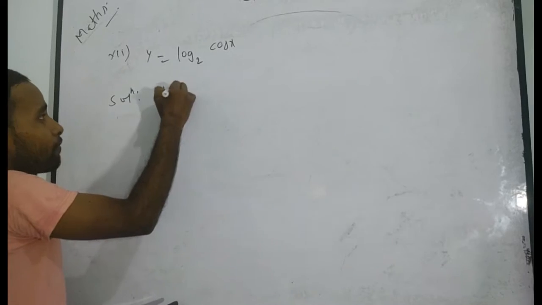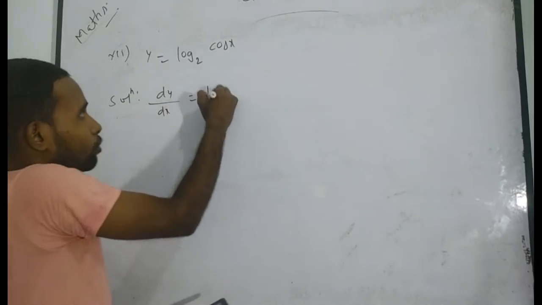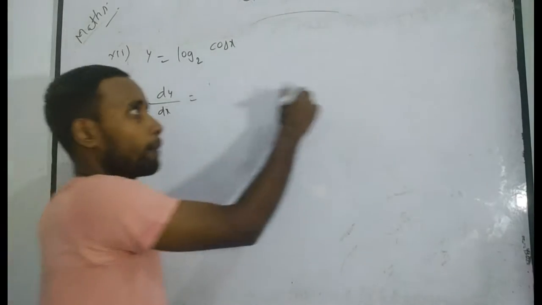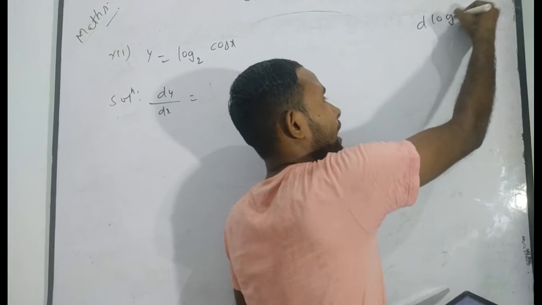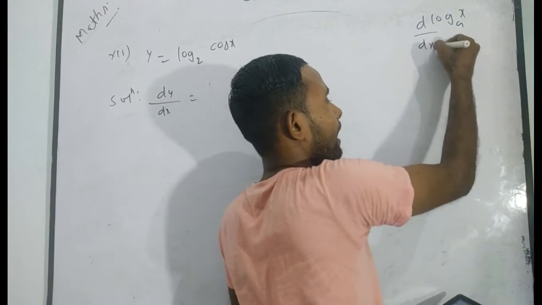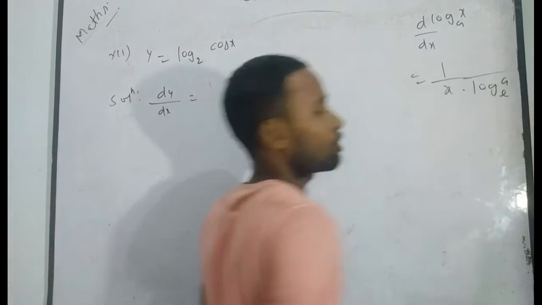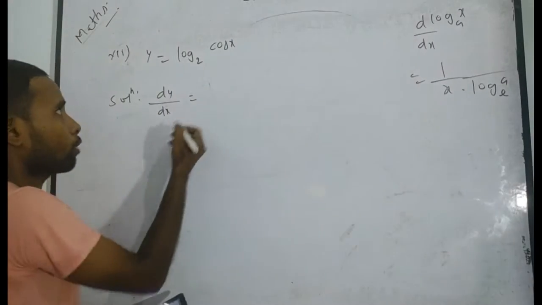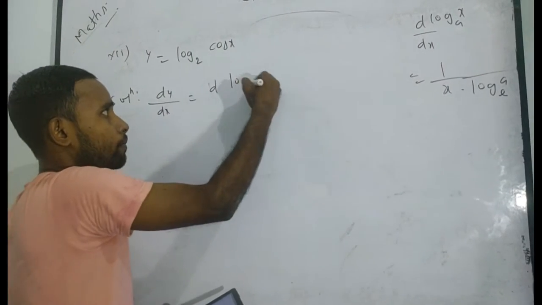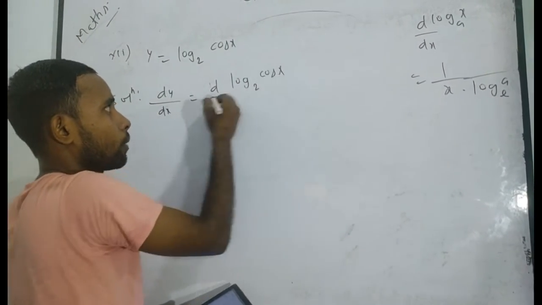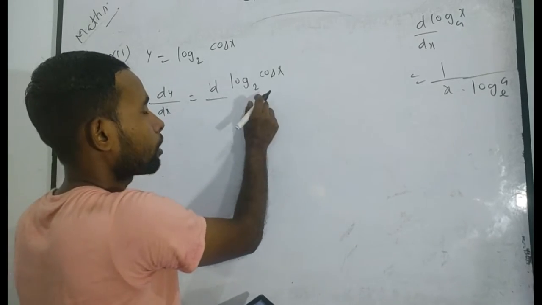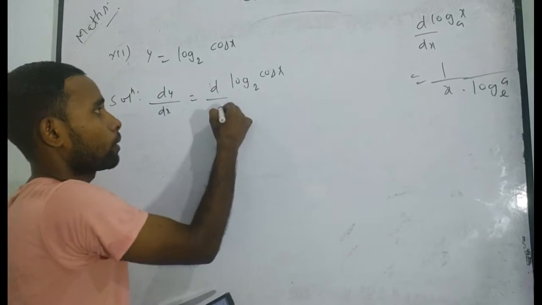First of all, differentiate with respect to x. As you know, this is what you have to use here. The derivative of log x to the base a with respect to x will be 1 upon x into log a to the base a. This is your formula. Now you have to apply it here. The derivative of log cos x to the base 2 with respect to x.